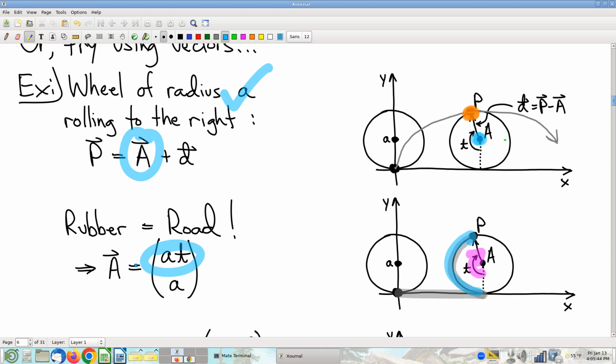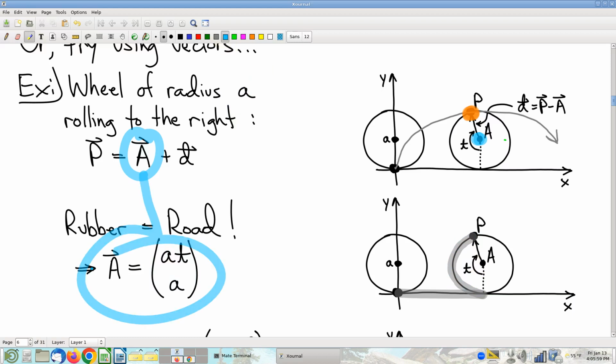How's it going? Everybody happy? Okay, so we're halfway there. We've got a formula now for A. That's the formula for our axle as a function of time.